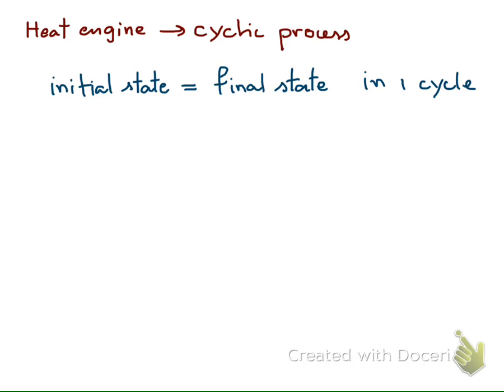So the most important thing in the cyclic process is that if you start from some initial state and you do some process and then go back to the initial state, it means that the change of the internal energy equals 0 in one cycle.